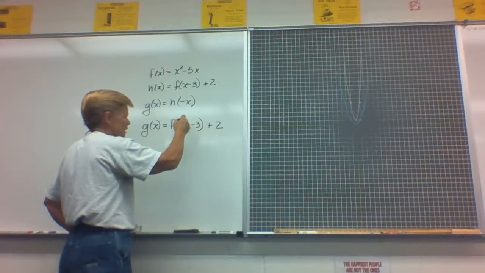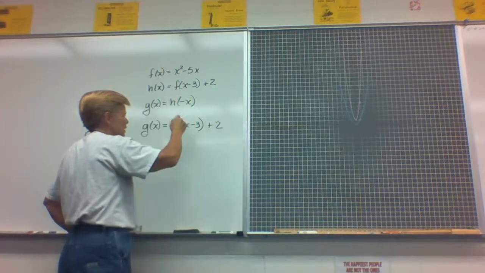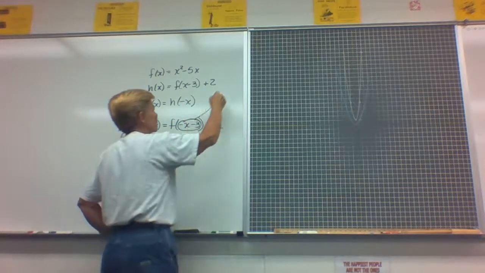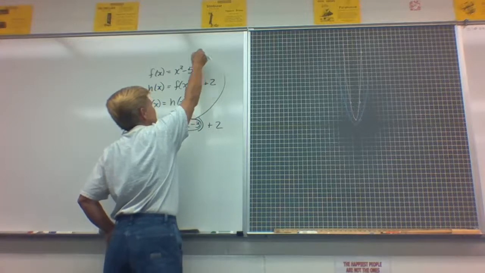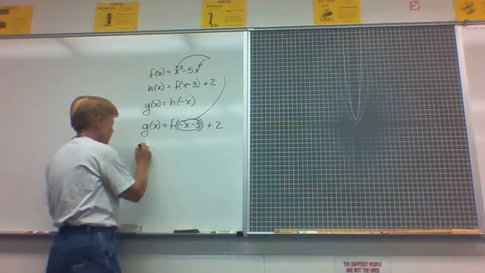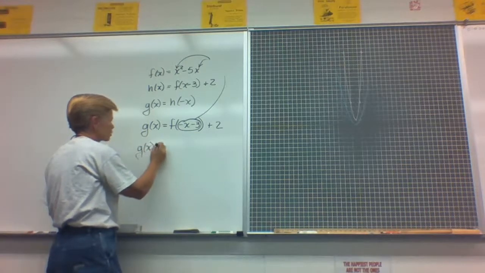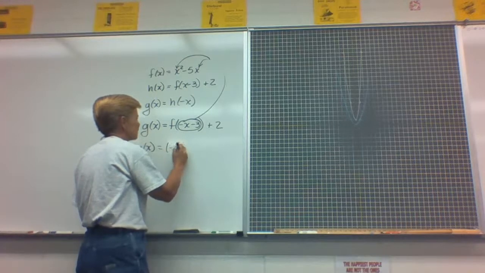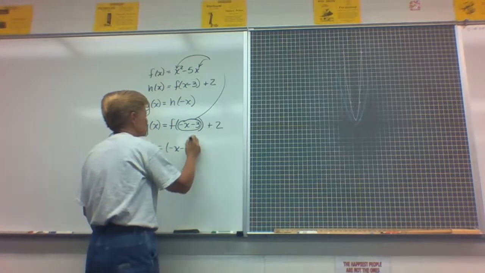Now, this thing right here, now I've got to keep backtracking up here. This thing right here, that is going to replace all of the x's in f. So the final function looks like this. There's still going to be a lot of work to do on it. This is a hard one. It's going to be negative x minus 3 squared.